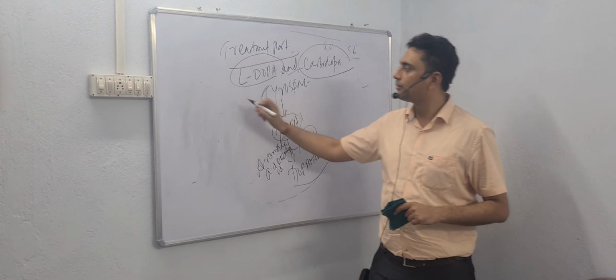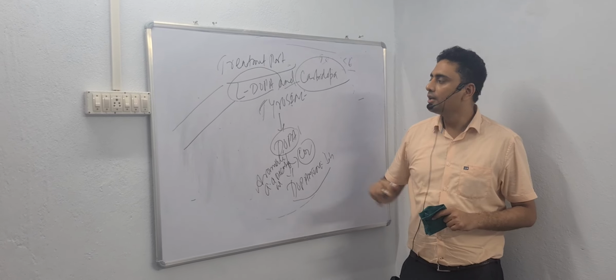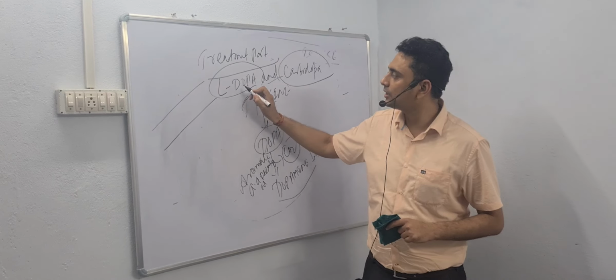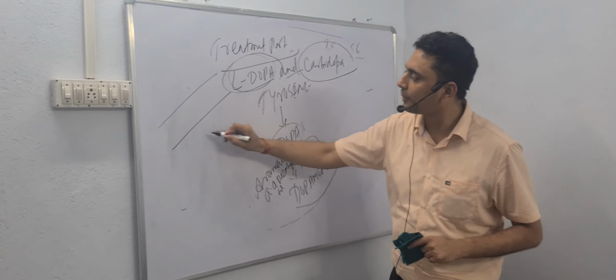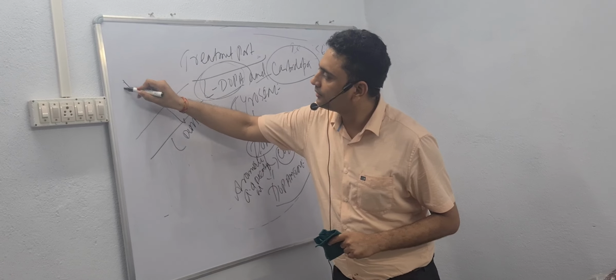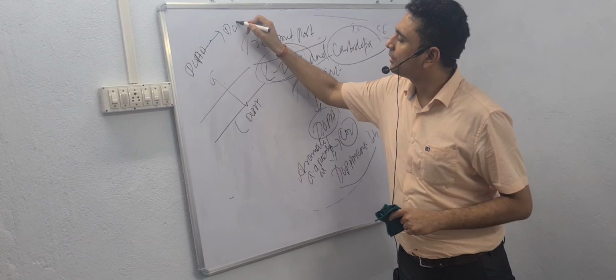One thing you should remember: dopamine cannot be directly given as a drug because dopamine cannot cross the blood-brain barrier. So it is given in the form of L-dopa. L-dopa can cross the blood-brain barrier, and inside the brain this dopa will be converted into dopamine.